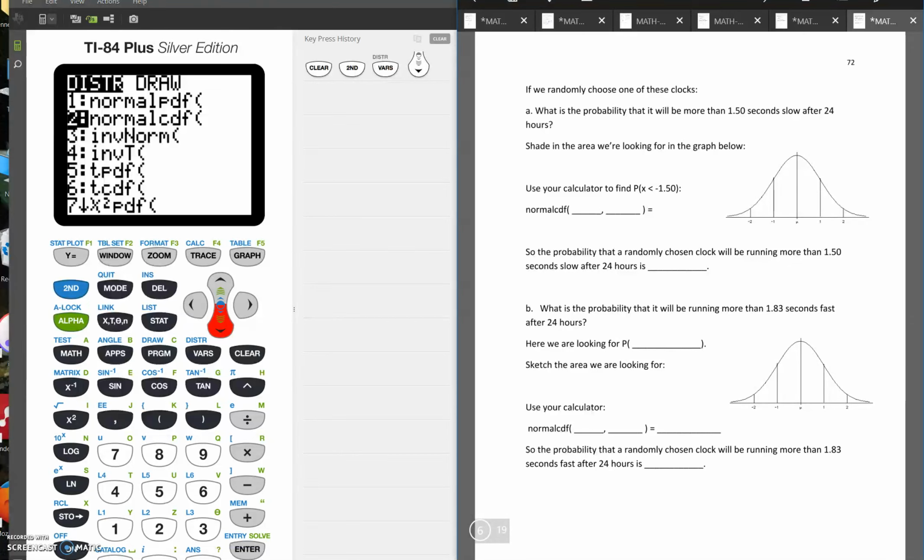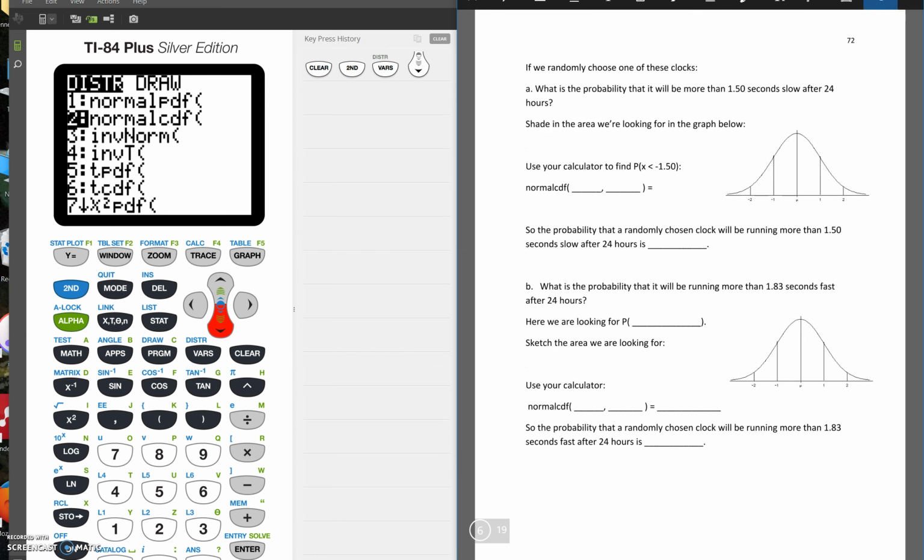So if we randomly choose one of the clocks, what is the probability that it will be more than 1.5 seconds slow after 24 hours? More than 1.5 seconds slow means negative 1.5, and it gets more slow as it goes to the left. Technically we'd be going from negative infinity up to negative 1.5, but remember we use negative 1,000.